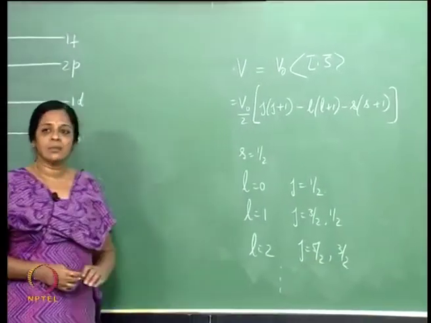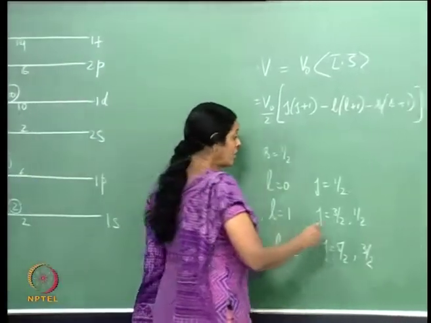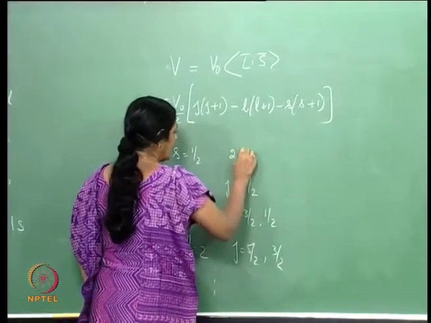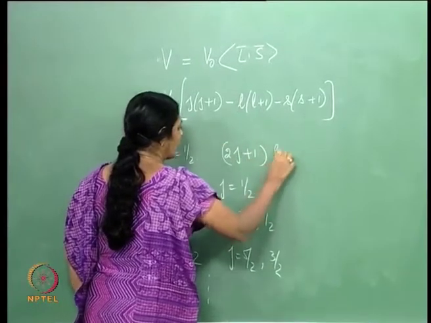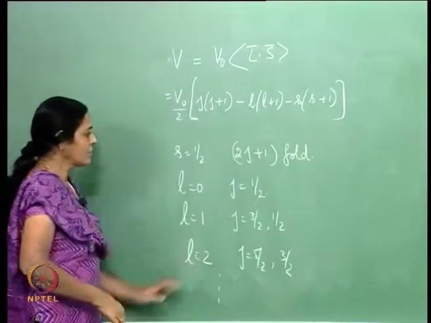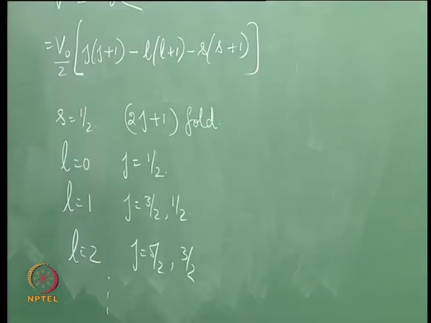So we only work in terms of J. For a given value of J, the degeneracy is 2J plus 1 fold. So for a given value of J, I can fit in 2J plus 1 nucleons in that state. We no longer consider L and S, and therefore the 2L plus 1 times 2-fold degeneracy.